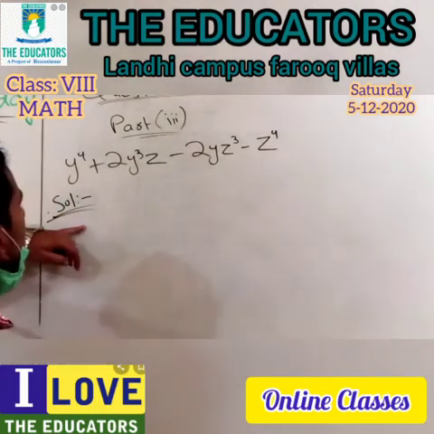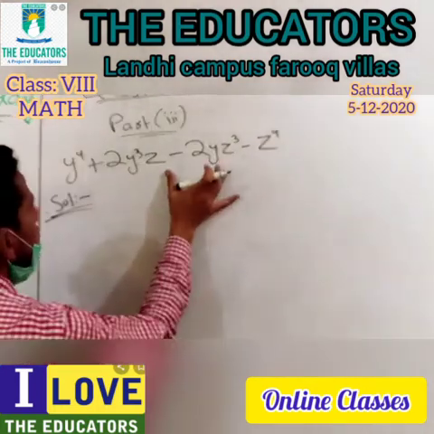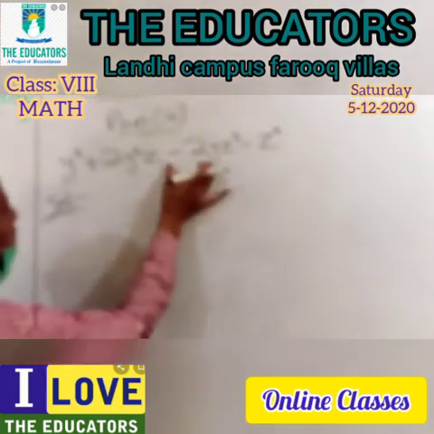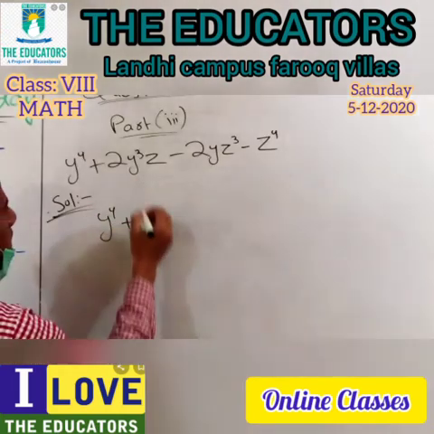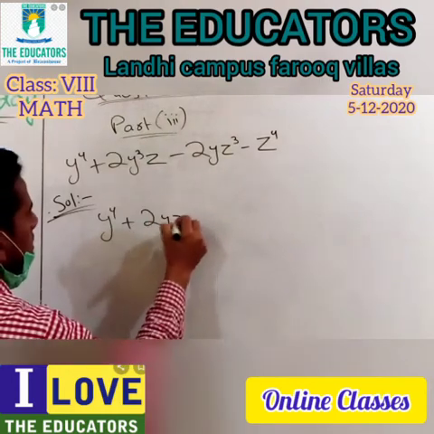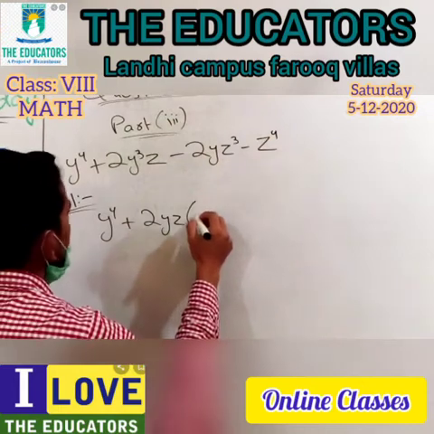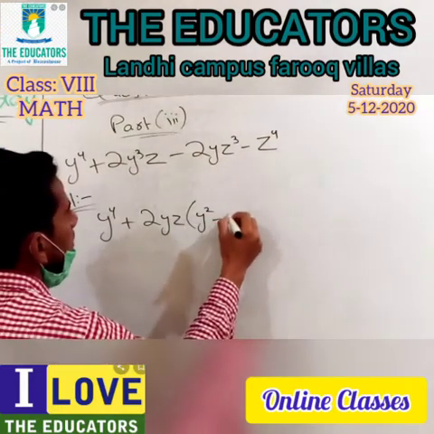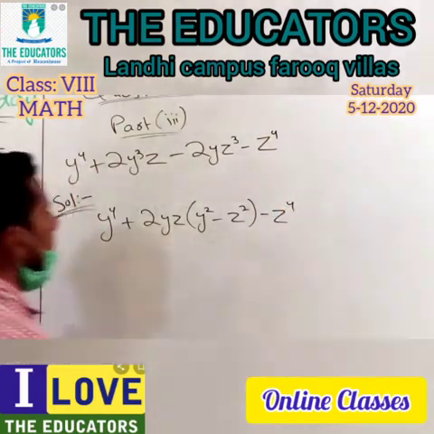So what's common here? If you look at the two middle terms, you may take 2yz common from these terms. So 2yz can be taken common from these two middle terms, and we are left with y square minus z square, and minus z4 comes as it is.